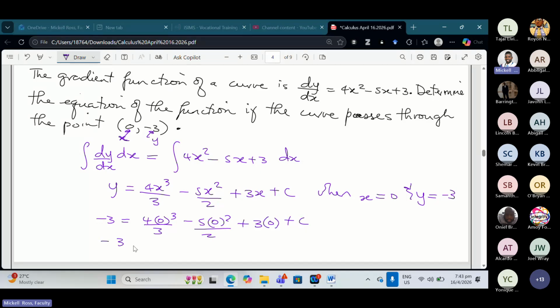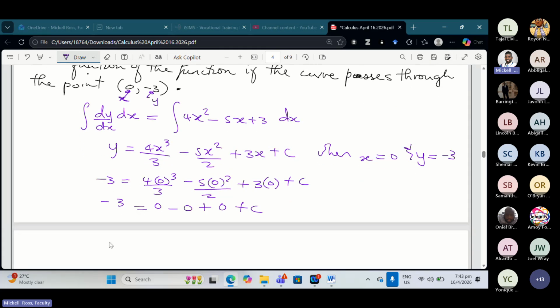So -3 is equal to all of this is 0, all of that is 0, all of that is 0, plus c. Bear in mind, they could have been numbers. It's just based on the question. They just give us 0, but these could have been numbers, and you just have to carry out the calculation. So -3 is going to be equal to c.